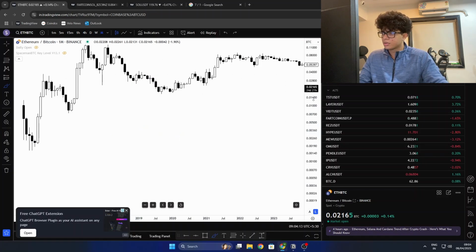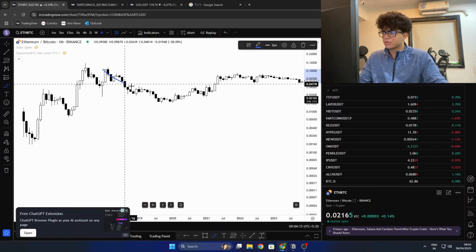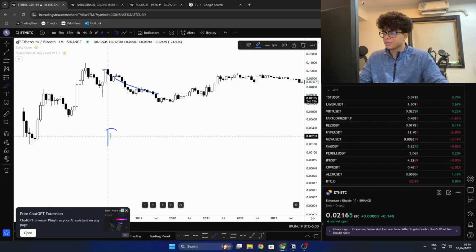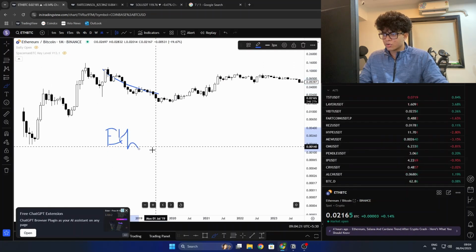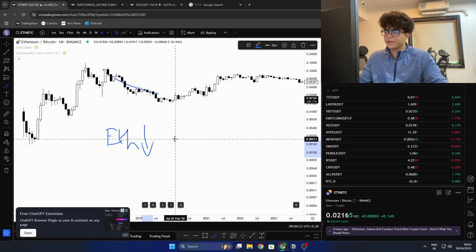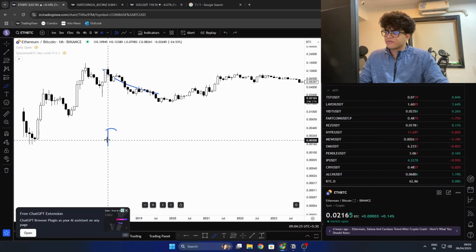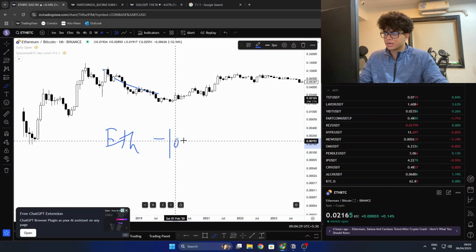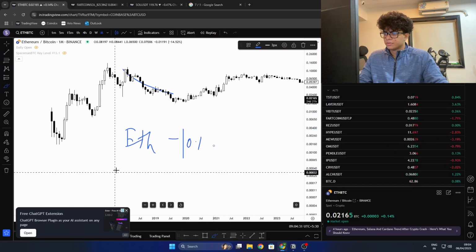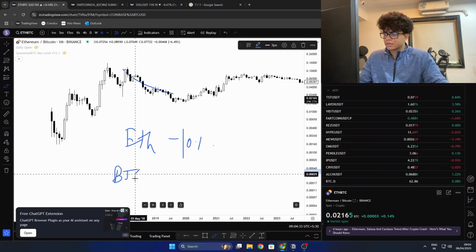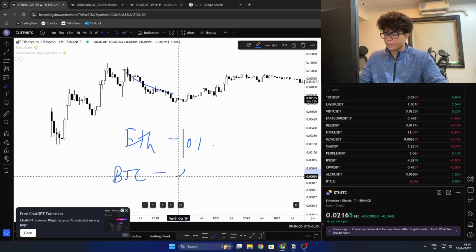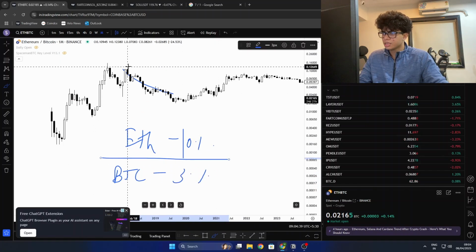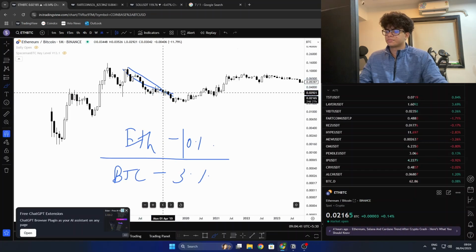But when the chart is going down, let's say from here, what this means is Ethereum is going down drastically compared to Bitcoin. So that means ETH, let's say, goes down 10%, and Bitcoin goes down only 3%, right? That is why we get this in the chart.